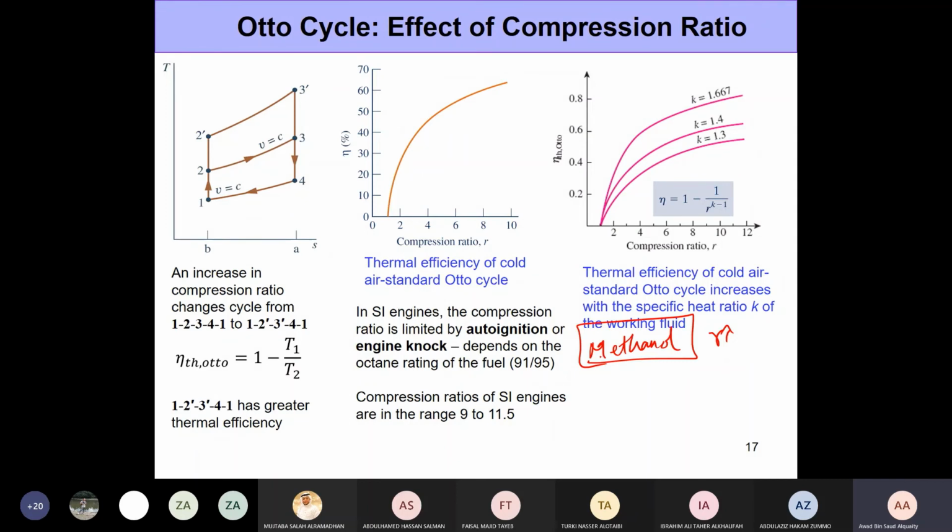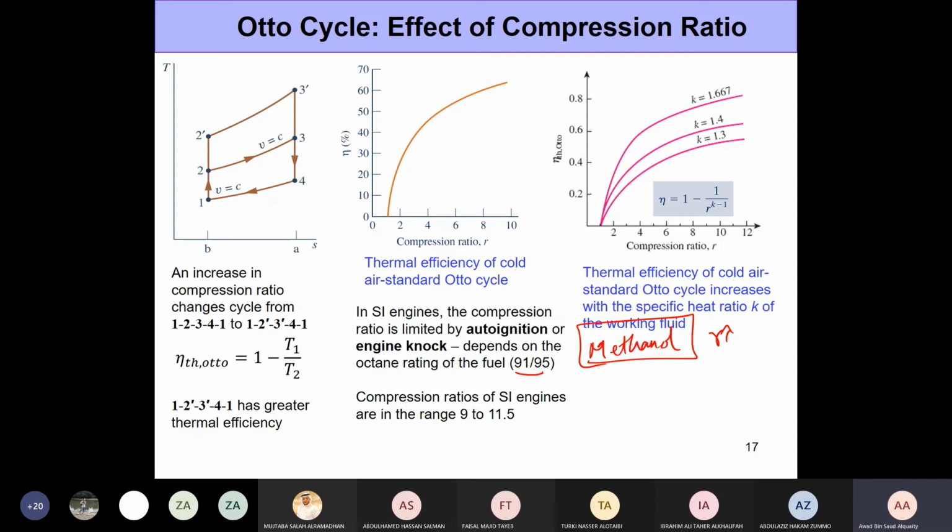But the problem with methanol is that its energy content is very low. So if you have a 50-liter fuel tank in your car, you can probably travel 500 kilometers with gasoline that we purchase from the tanks. If you fill in methanol for 50 liters, you will probably be able to travel only 250 to 300 kilometers, not so much.